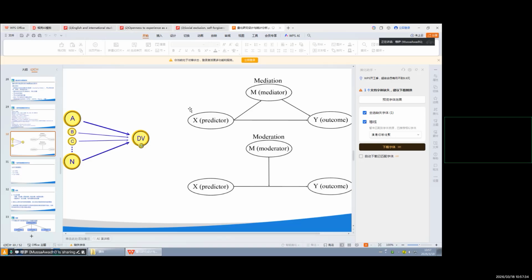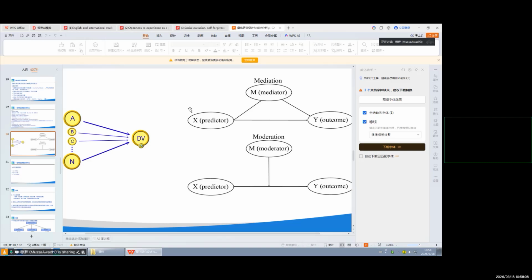Which means between personality and academic performance, there must be some learning related phenomenon that takes place before you achieve the performance, right? What is this phenomenon, like behaviors, like motivation, like emotion? They could be the mediators.